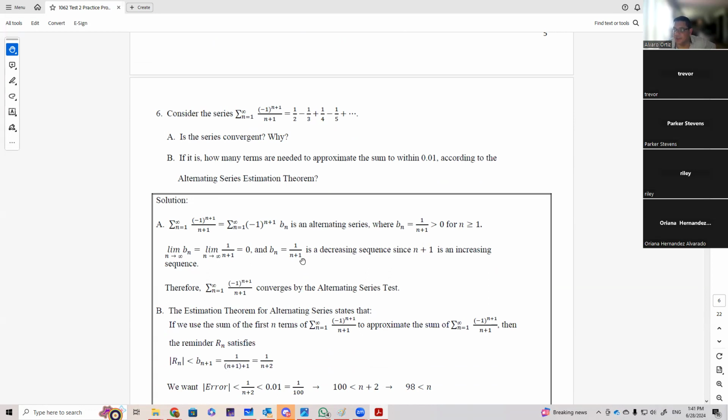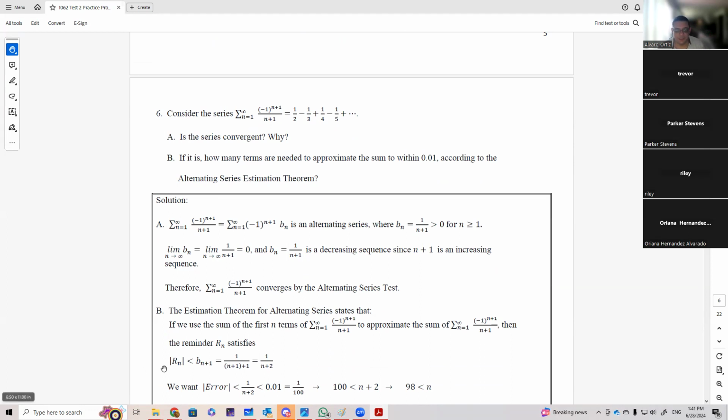Now, the alternating series test also has an estimation of the sum, because it's alternating between positive and negative, positive and negative, positive and negative. You can always say you're going to get something that is less than the previous term.